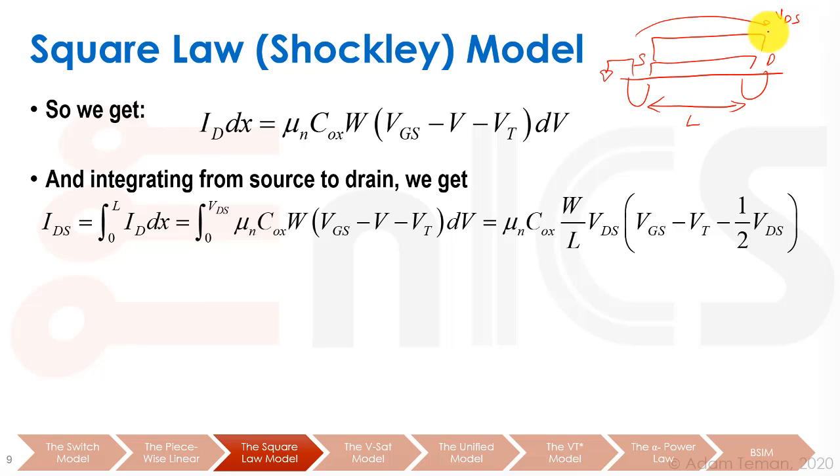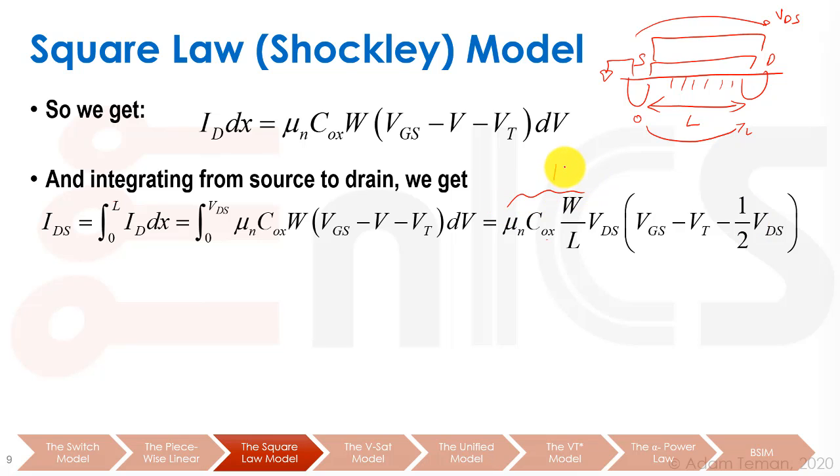So we can run from 0 to VDS, and from length 0 to length L. So we integrate from 0 to L to see what the current is at every x, and we see what the voltage is for the dV on every voltage from 0 to VDS, and we do that over this formula up above. And when we solve the integral, we get mu n C ox W over L times VDS times VGS minus VT minus half VDS, which is our known Shockley model for linear current.